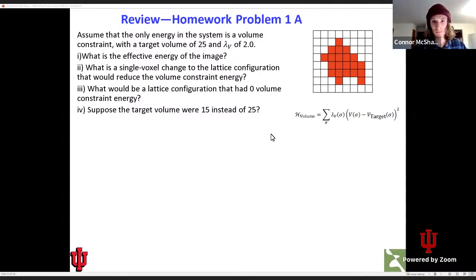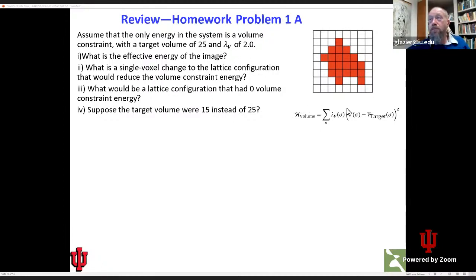That's fine. Okay. And then there was a question thinking about actually the dynamics, which is what was a single voxel change that would reduce the volume constraint energy. In this case, the volume is 22, which is less than the target, so adding 1 voxel would reduce the energy.